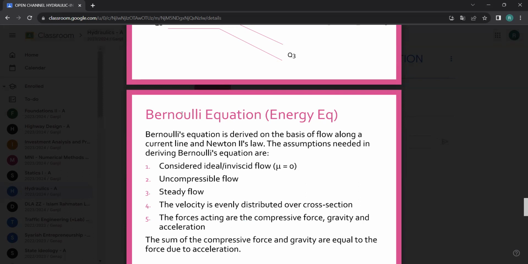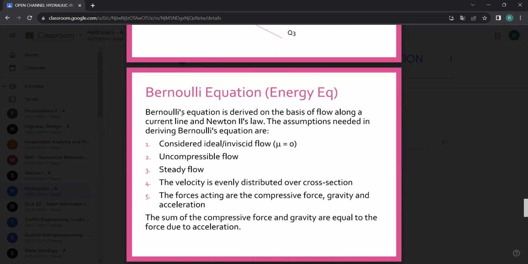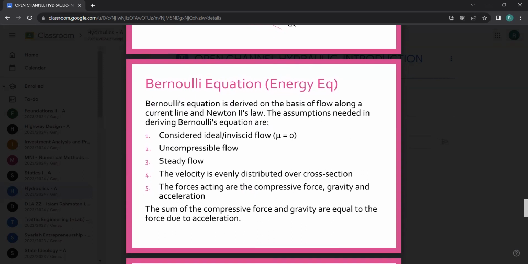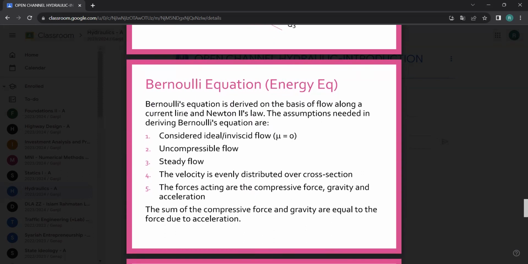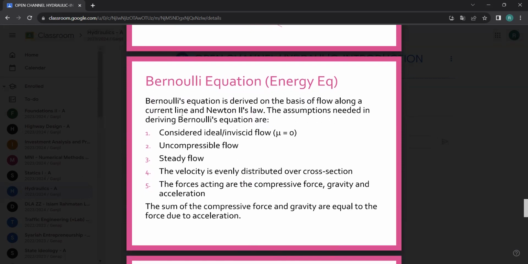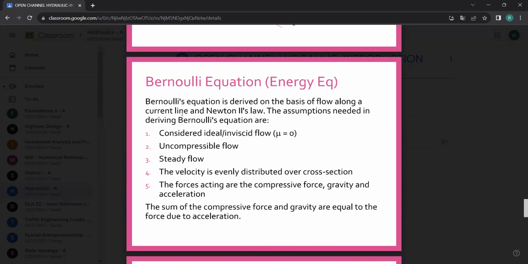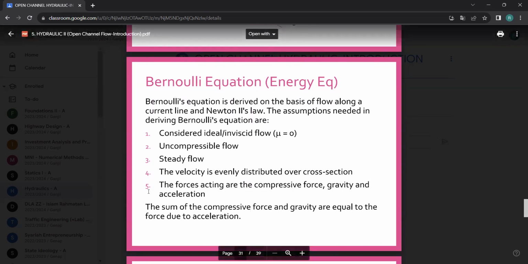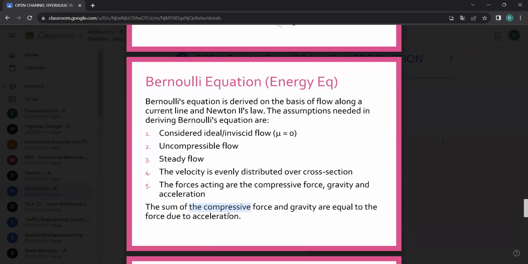The assumptions needed in deriving Bernoulli's equation are ideal, incompressible flow, steady flow, and the velocity is evenly distributed over the cross-section. The forces acting are the compressive force, gravity, and acceleration. The sum of the compressive force and the gravity is equal to the force due to acceleration.